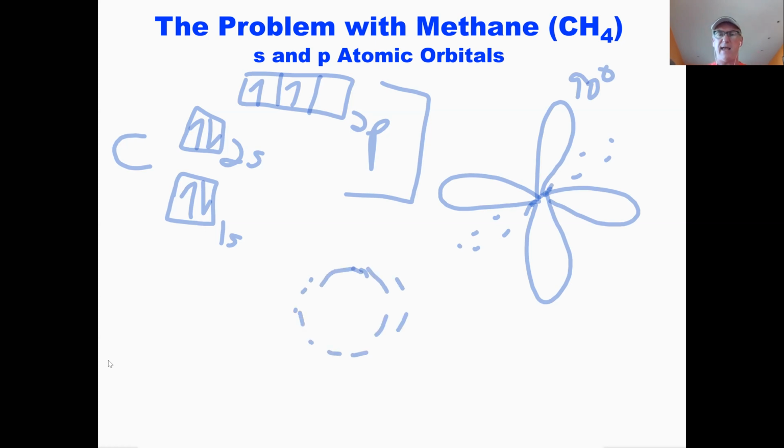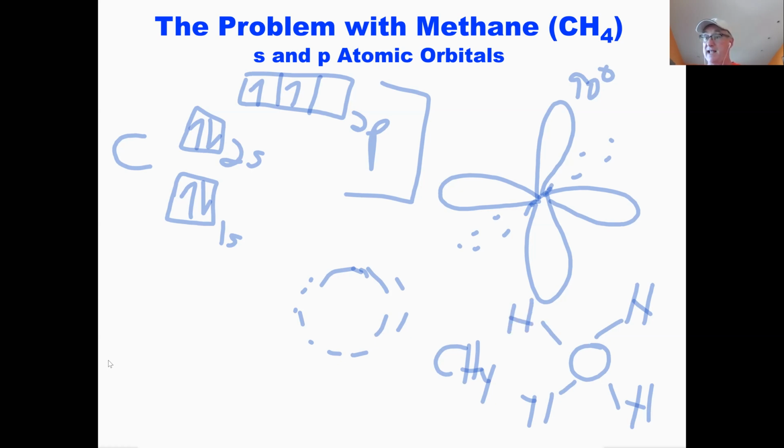But when I make methane, all 4 of those bonds are the same. They're exactly the same. And they're separated by 109.5 degrees. That doesn't mix with these 4 electrons, because these 2 in the p orbitals are at 90 degree angles to each other.